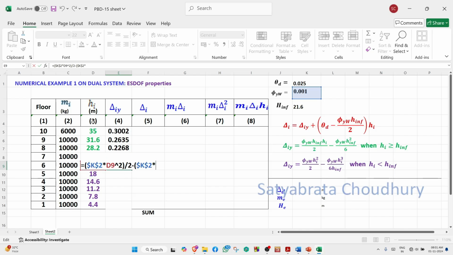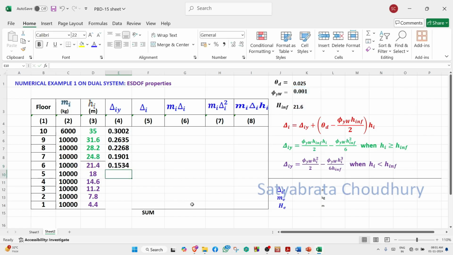So this column is D column and this row is 9, so D9 cube divided by 6 multiplied by inflection height. Yes, so we drag this formula downward, and these are the values of delta I, Y, yield displacement of the wall.